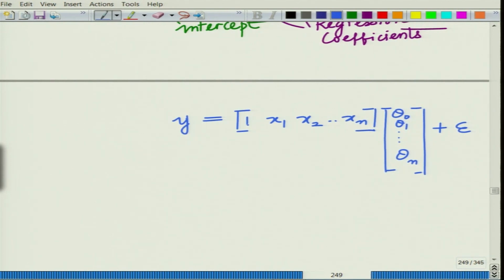And this you can denote by x bar transpose, and this I can denote by the vector theta bar.